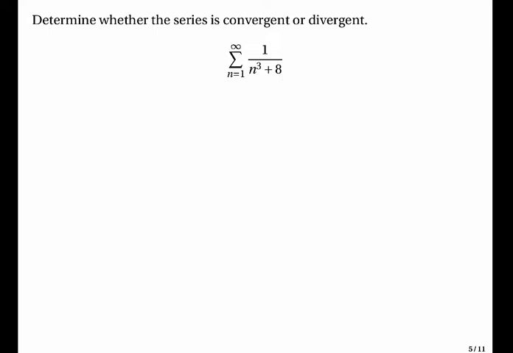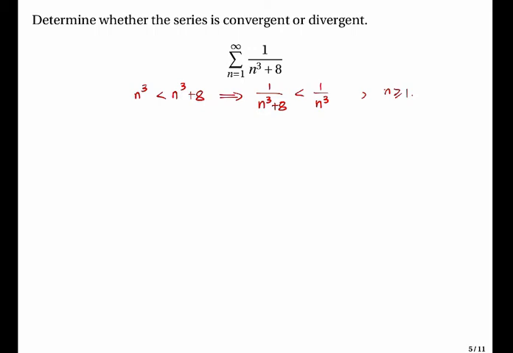Note that n cubed is less than n cubed plus 8, which means 1 over n cubed plus 8 is less than 1 over n cubed, and of course we are saying this for n greater than or equal to 1.